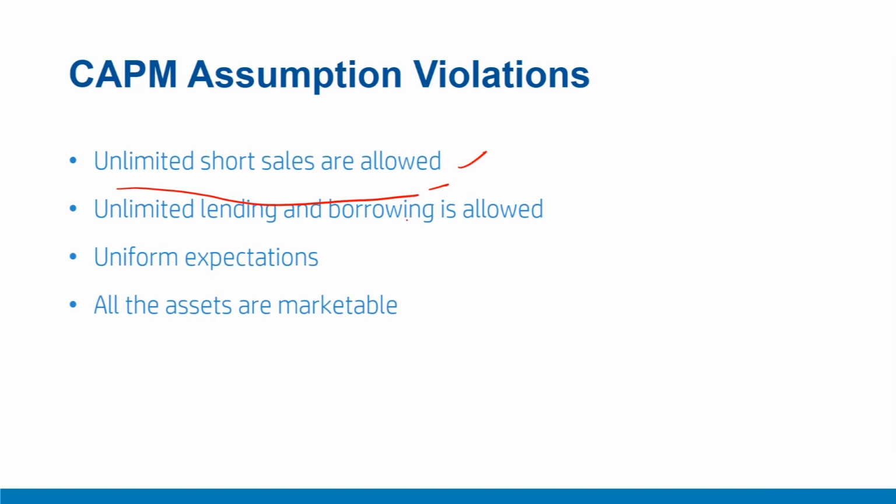Unlimited lending and borrowing at the risk-free rate is allowed. All of us know that we cannot lend and borrow unlimited amounts at the risk-free rate. While you can lend a large amount of money in a risk-free manner, you cannot borrow it. As you keep on borrowing, your leverage increases and the interest rate charged on you also increases, which reflects the premium that you are paying for the risk that you are bearing.